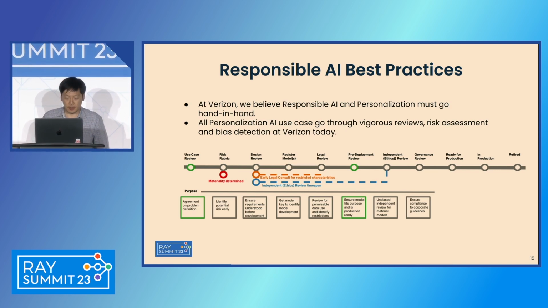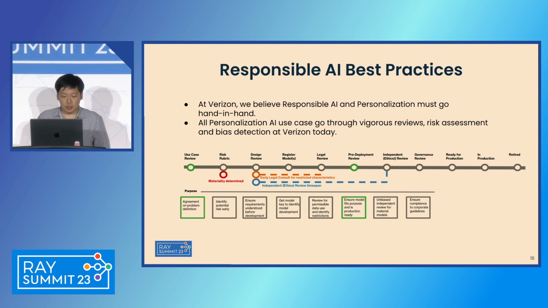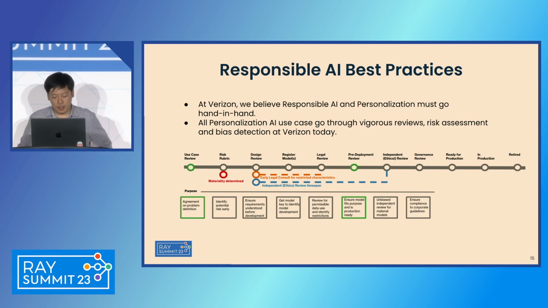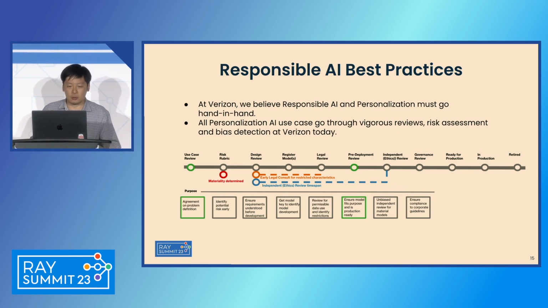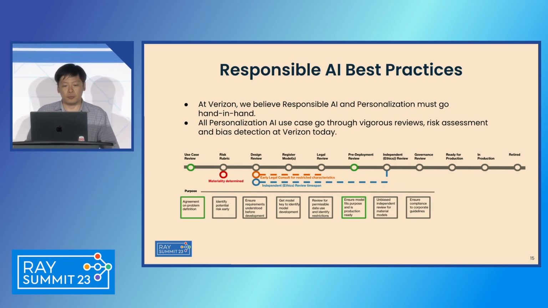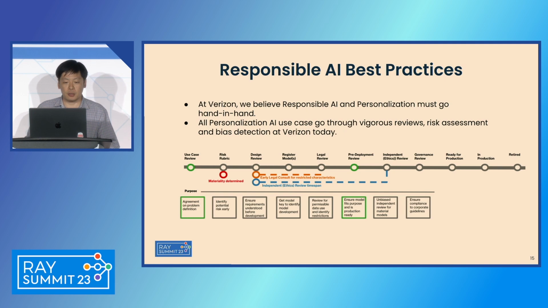I will just spend a few minutes to talk about the responsible AI work related to the personalization engine. At Verizon, we have an inspiration to be the gold standard of responsible and transparent use of AI in the telecom industry. For that inspiration, we started building our responsible AI program about two years ago.